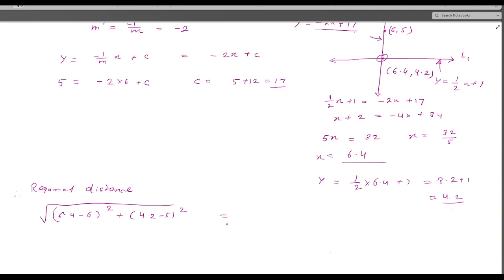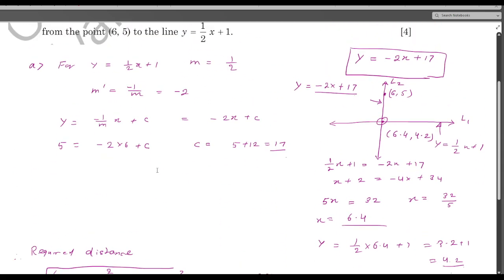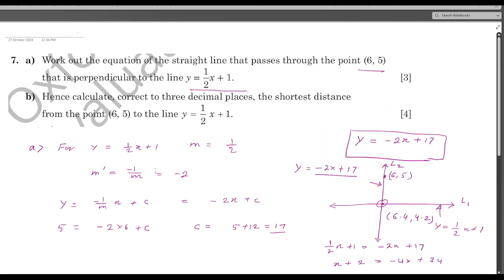The result is 0.894. No unit is given, so the shortest distance to 3 decimal places is 0.894.